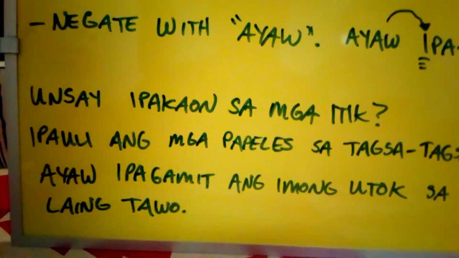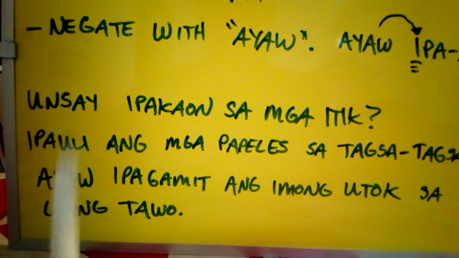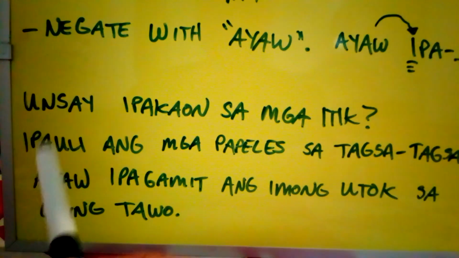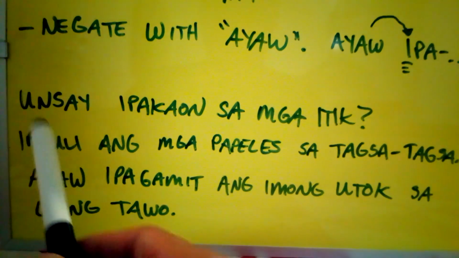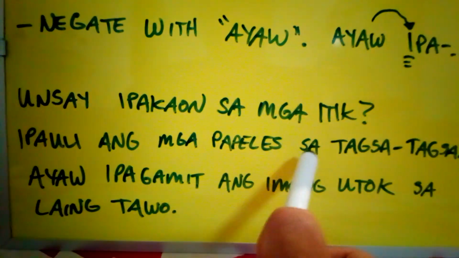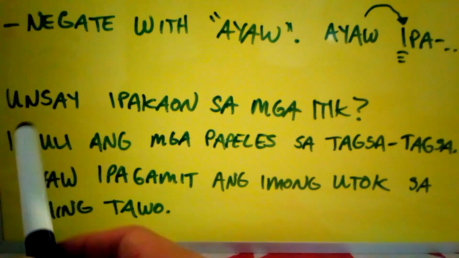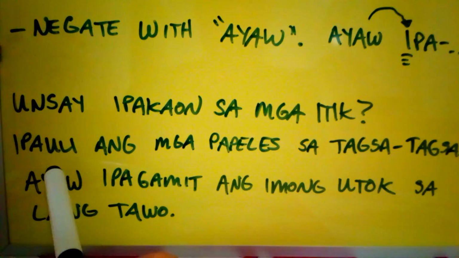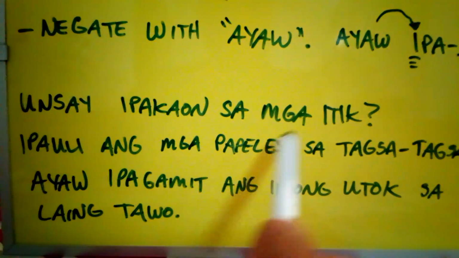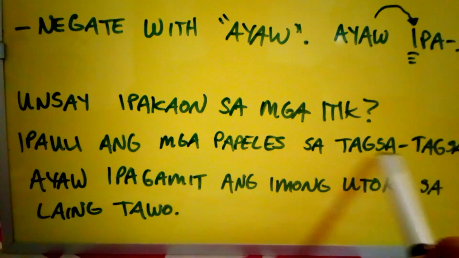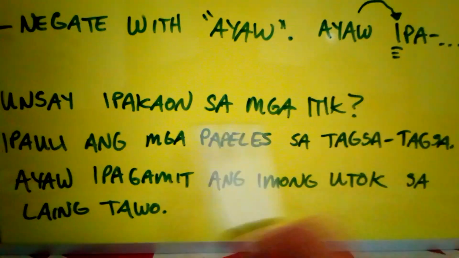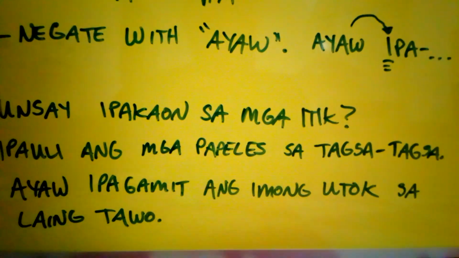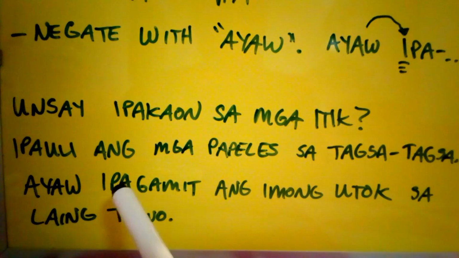I think that's how it is, or maybe the other way around. Oh no, here it is. Yeah, it is the other way around. We are returning object one to object two. We are returning the primary object to the secondary object. Ipauli ang mga papeles, the first object, sa tagsa-tagsa, to each and every one. So return the papers to each and every one. That is actually a good example of a ditransitive verb sentence.